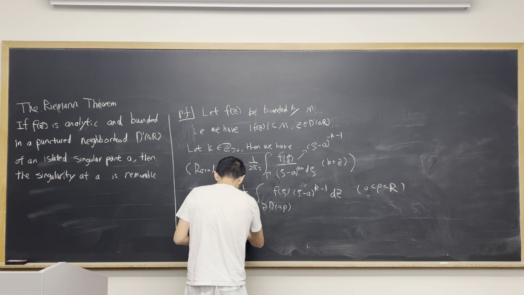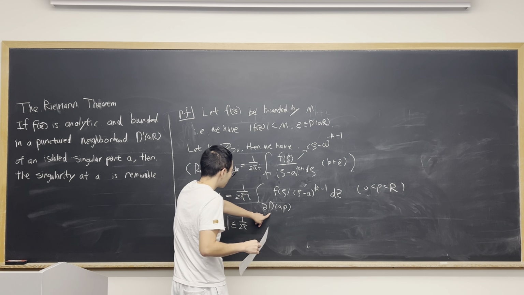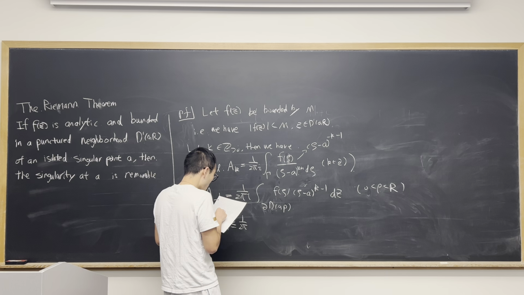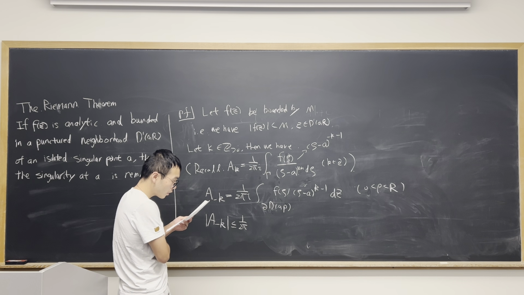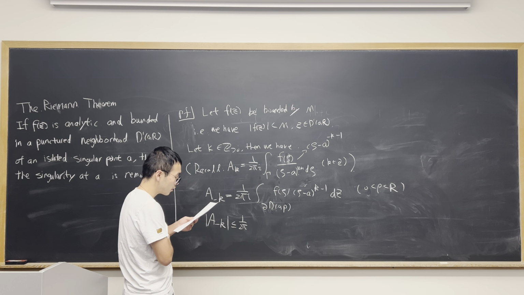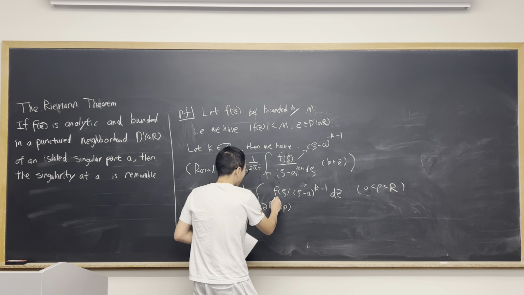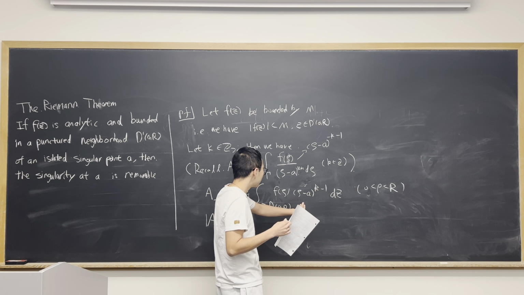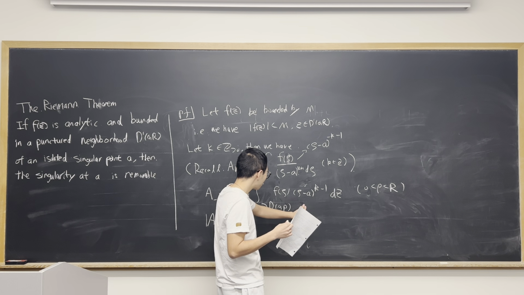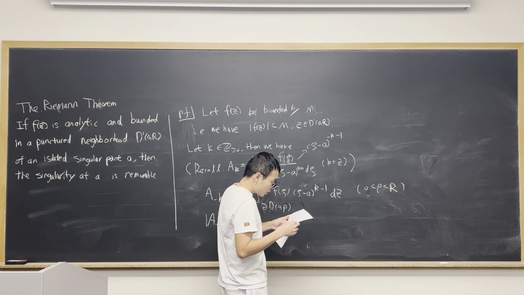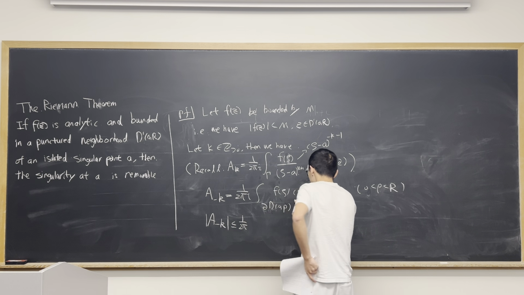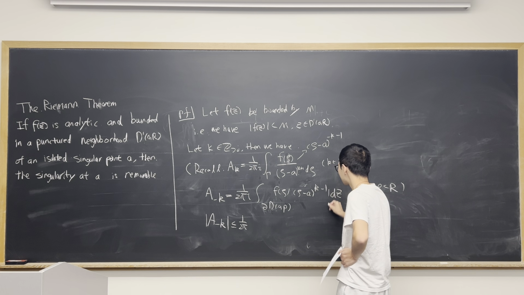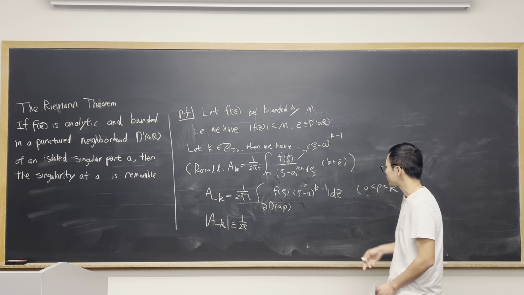1 over 2 pi. Hang on, what am I saying. Since f is bounded by the big M, this is bounded by big M. And then this guy is bounded by rho, if you take the modulus.